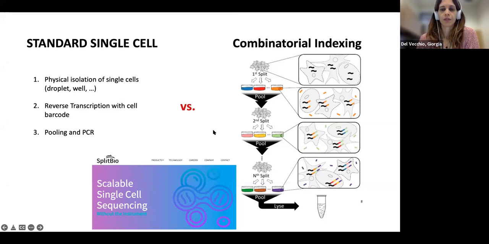Okay, so the main difference here is first, we are not using physical isolation, like droplet or well, and we are not using an instrument.